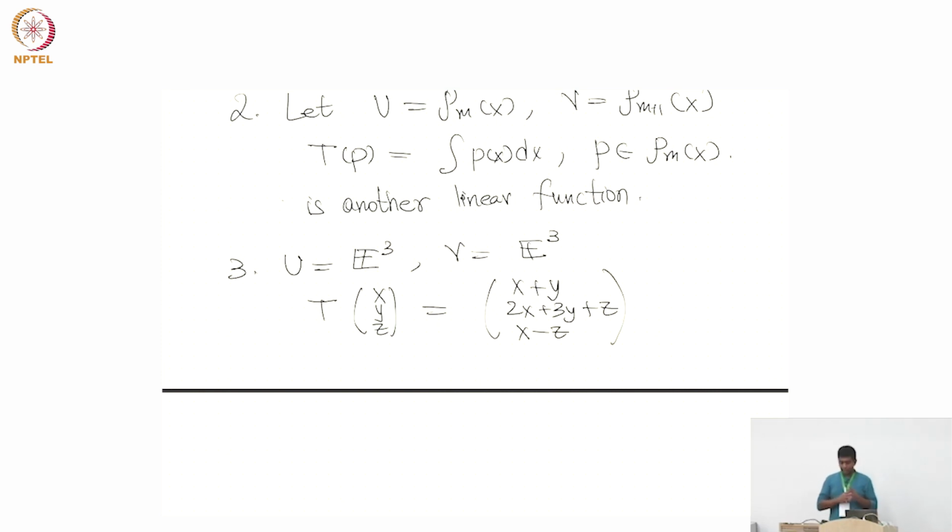For every point in E3, I'll give you again a point in E3 using this function, and you can verify that this is a linear function because it's chosen to have nice linear combinations. So this is another example of a linear function between these two finite dimensional vector spaces.